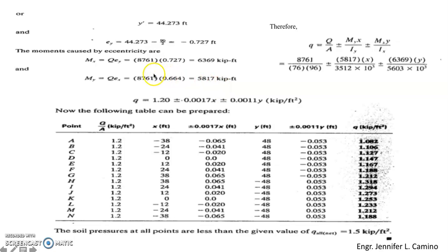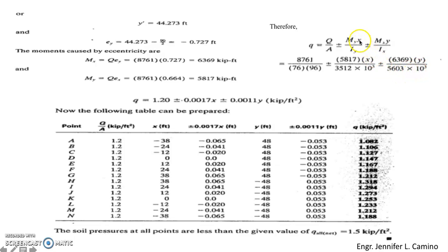So we are now given our moment caused by eccentricity along x direction and y direction. So since we have now the values of the parameters q, a, m sub y, I sub y, m sub x, and I sub x, x here is our x prime, our y is our y prime.